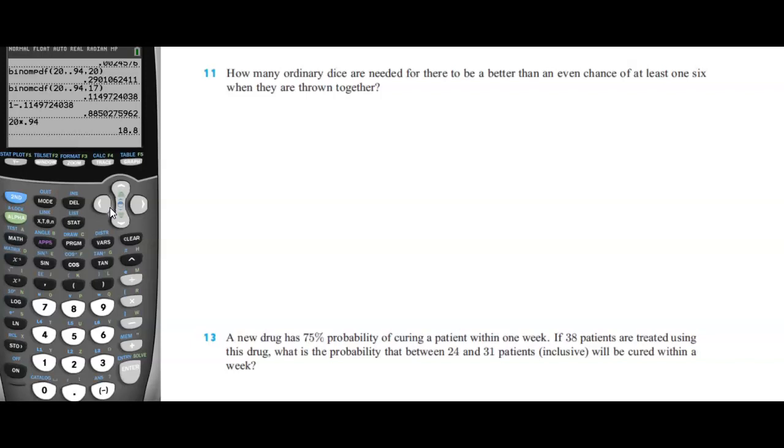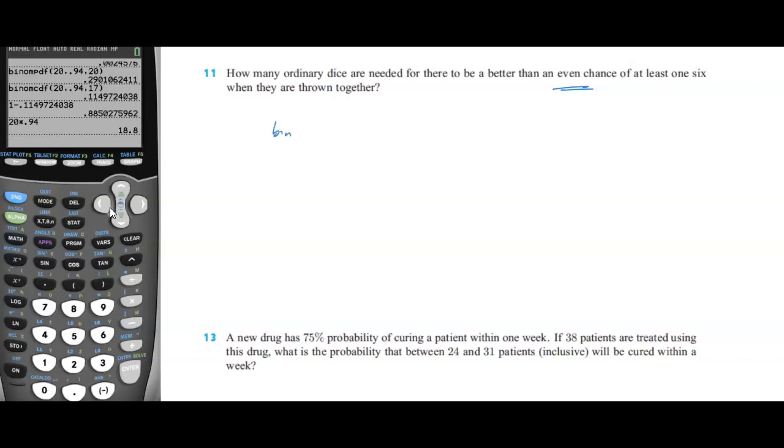Well, it's easier, right, to get at least 1 6. So in order to figure this out, we're going to kind of work backwards, right? Because we want a better than even chance, which means we want a 50% chance of getting at least 1 6. Okay? So basically, what would we do here if we were going to do it with the calculator?